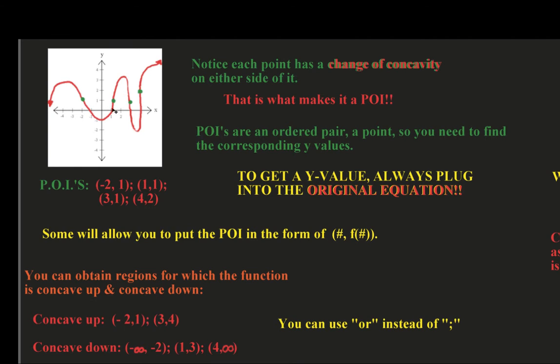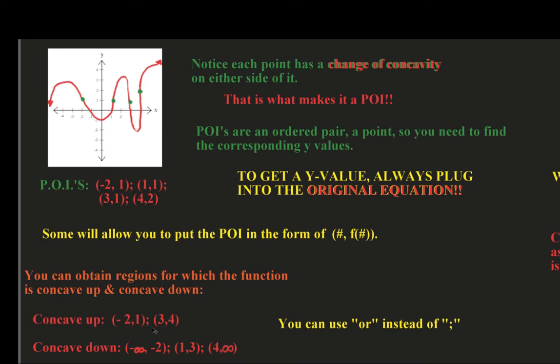Whereas the smile, the concave up, occurs when you get a positive value when you plug in to the second derivative. Again, you will be plugging in a point on either side of these possible points of inflection. And then once it changes concavity from down to up, like right here, that's when you know this green dot is indeed a point of inflection.